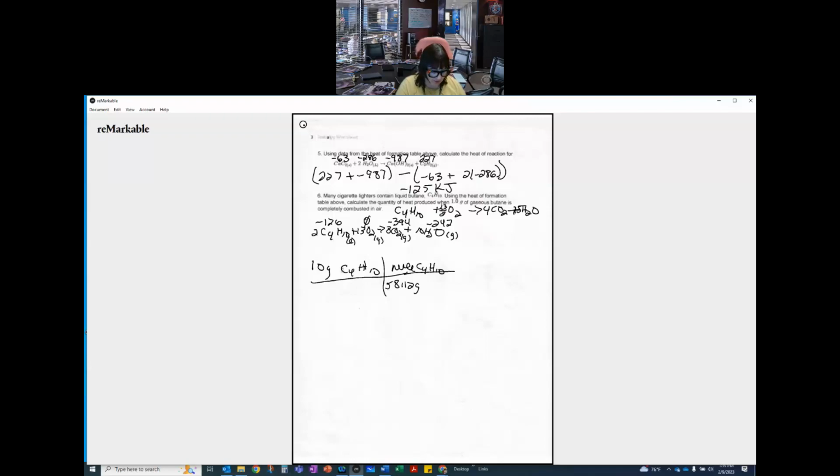So calculating the value for this, 2 times the negative 126 plus 3 times 0. And then we're going to subtract the quantity of 8 times negative 394 plus 10 times negative 242.